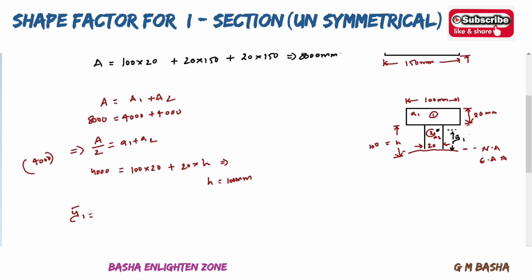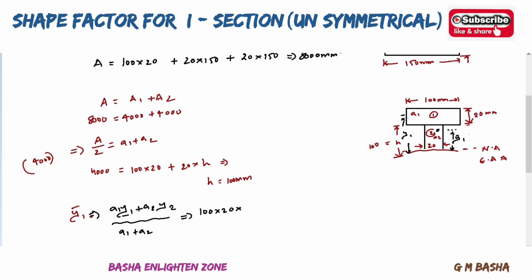So again we are resolving with respect to the equal area axis: a1 y1 plus a2 y2 by a1 plus a2. What is this a1? I am taking the first section 100 into 20. And what about this y1? y1 is the distance taken from this center to the bottom, up to the equal area axis.